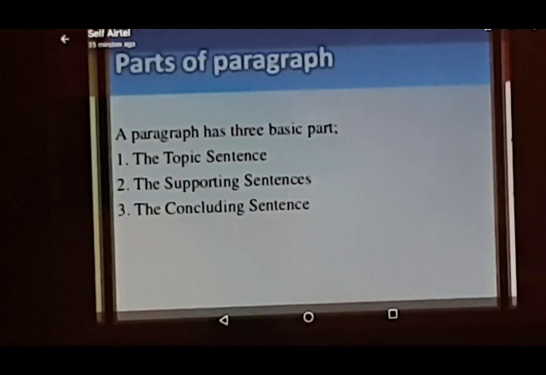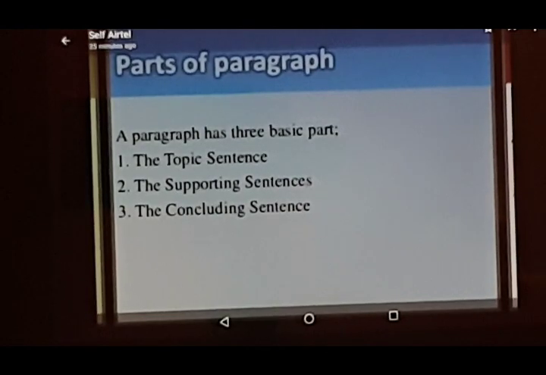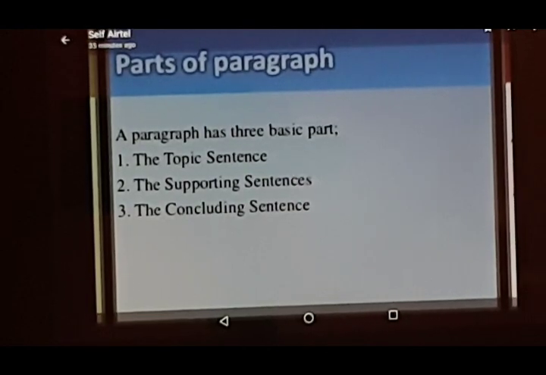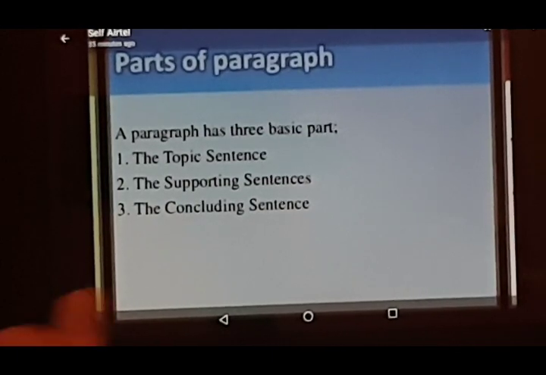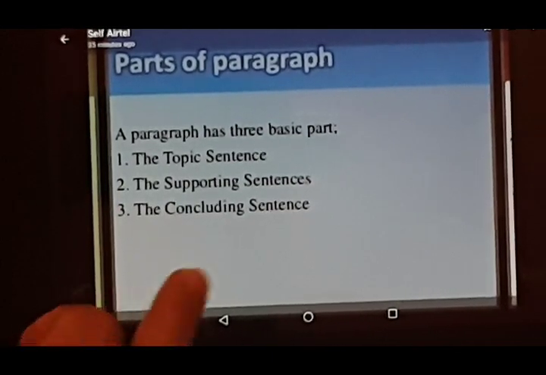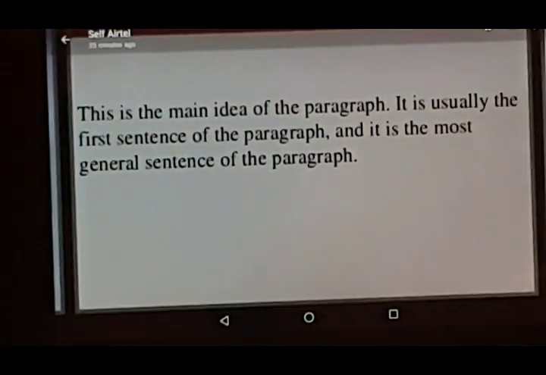Then come the supporting sentences, the details, more explanation about the main topic. And last is the concluding sentence, which restates our first topic.